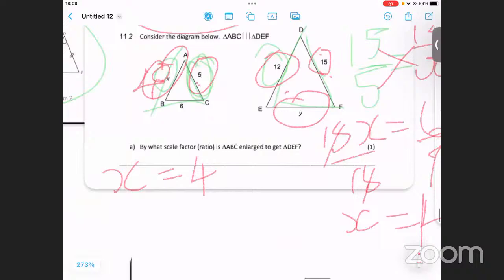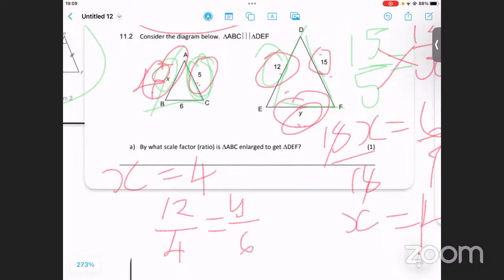So we can take 12 divided by x, divided by 4. 12 divided by 4 is equal to y divided by what? You're going to take the one with big numbers, the bigger one.